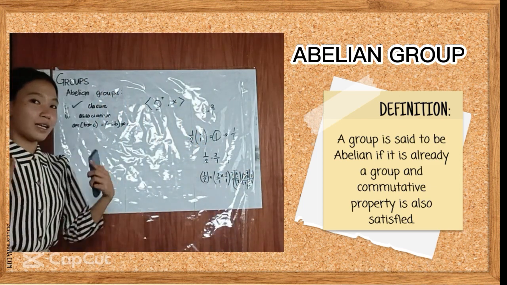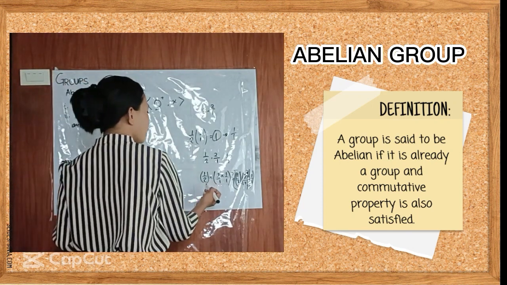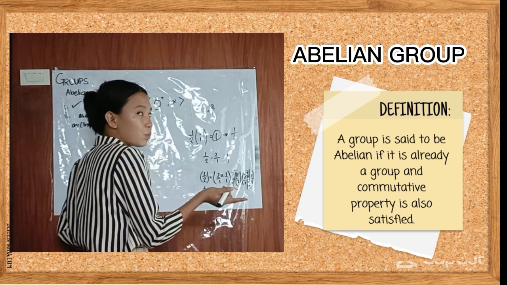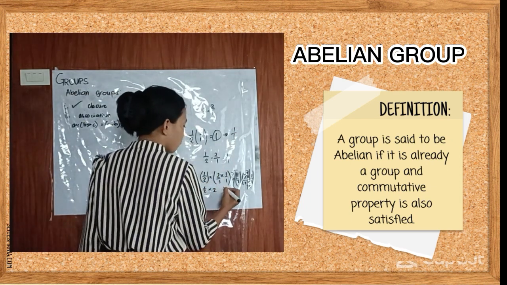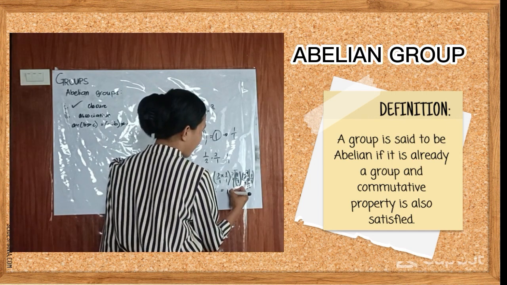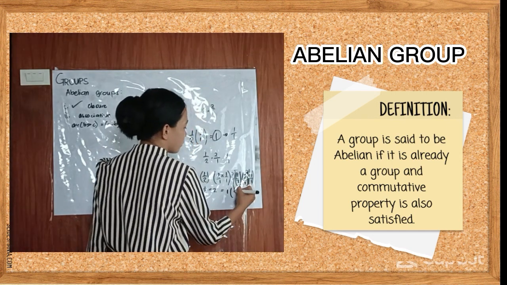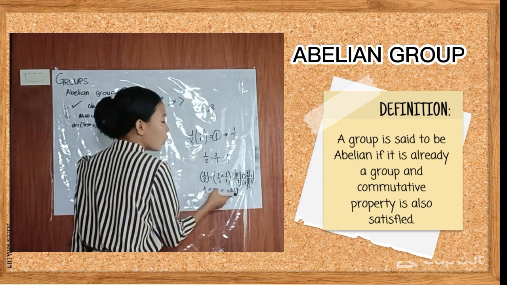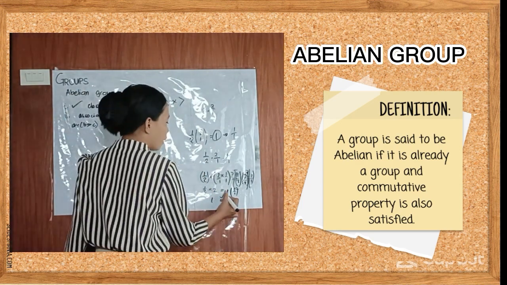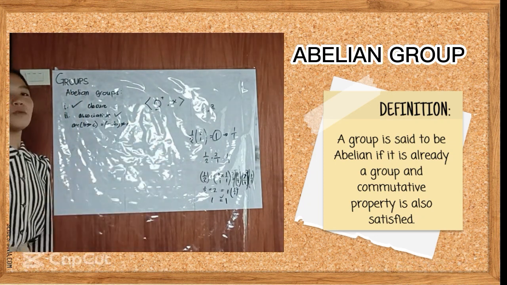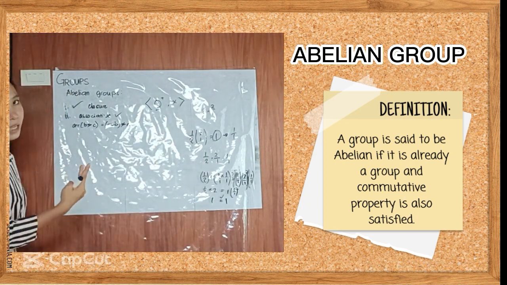Is it associative? 1/2 times 2/1 is 1. 1/2 times 2 is 1. 1 times 1 is 1. Therefore, it is associative. So we satisfy again the second property.